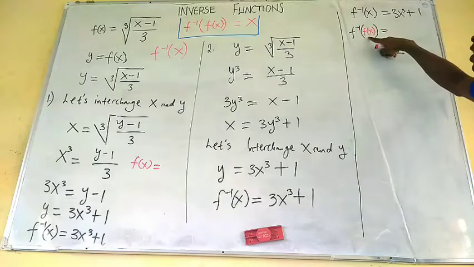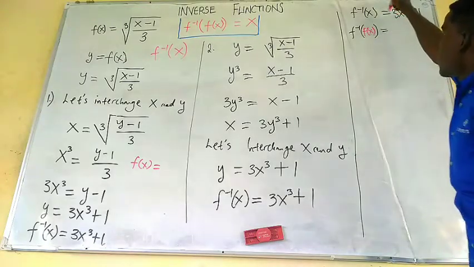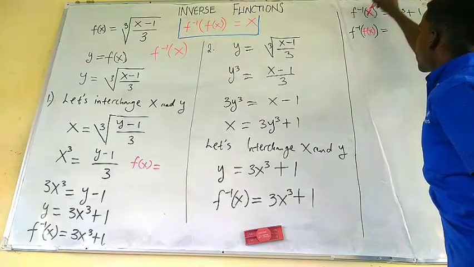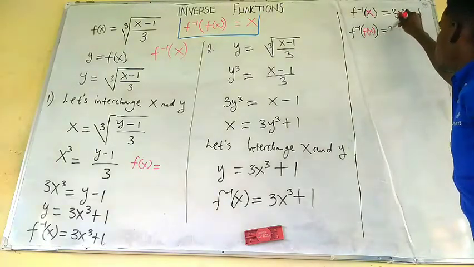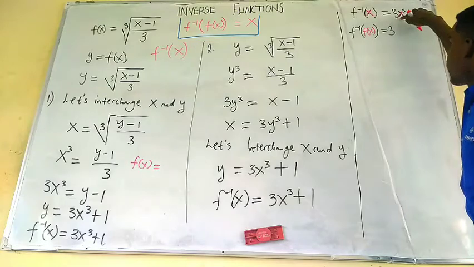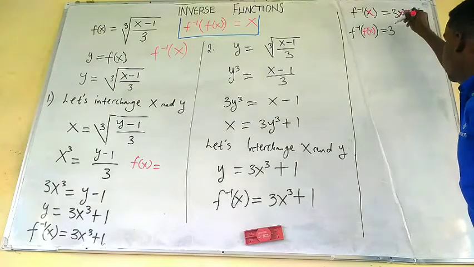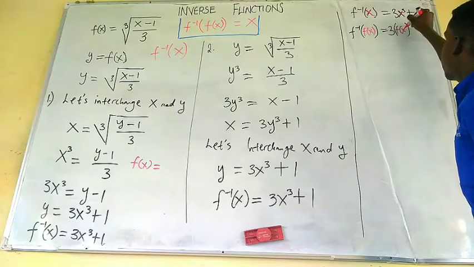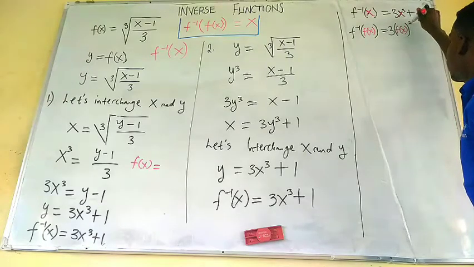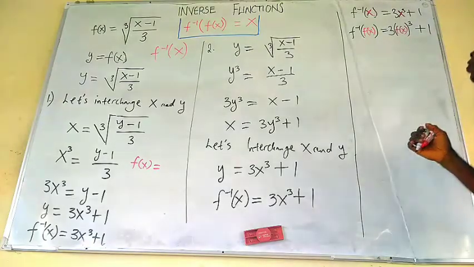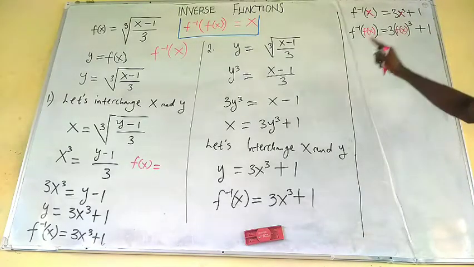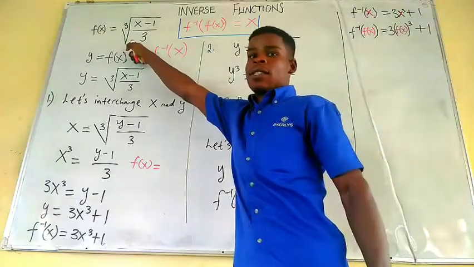So f inverse of f of x: now in place of x, we put f of x, and cube of that, plus 1. And that's it. So where our f of x is said to be the whole of this.